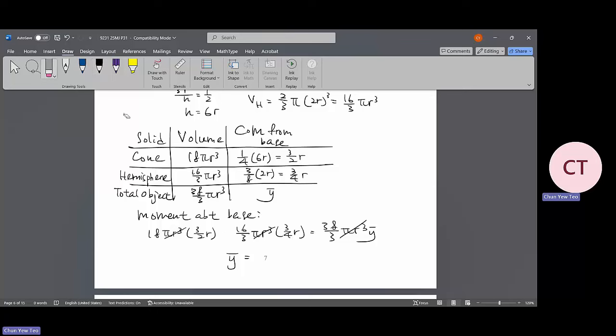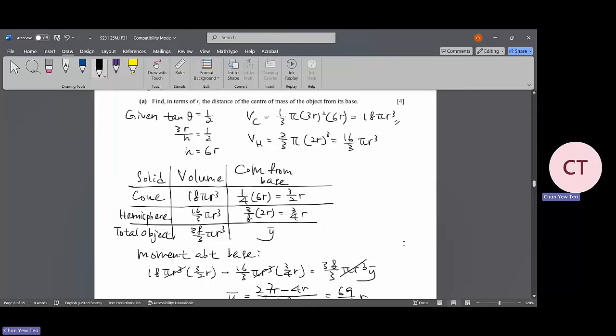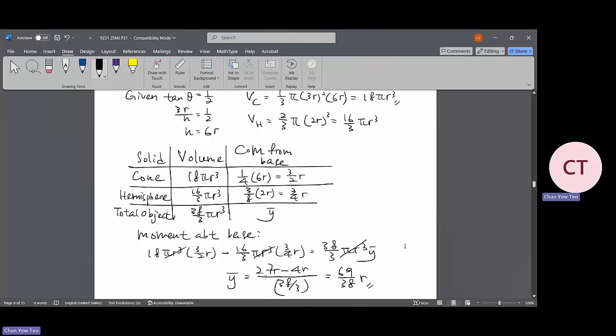This is not plus, it's a minus because you remove away the volume. So over here, you just minus it. You will get 27r minus 4r divided by 38 over 3. So you will get bar y as 69 over 38r. Done. So this will be the answer for number 4A.